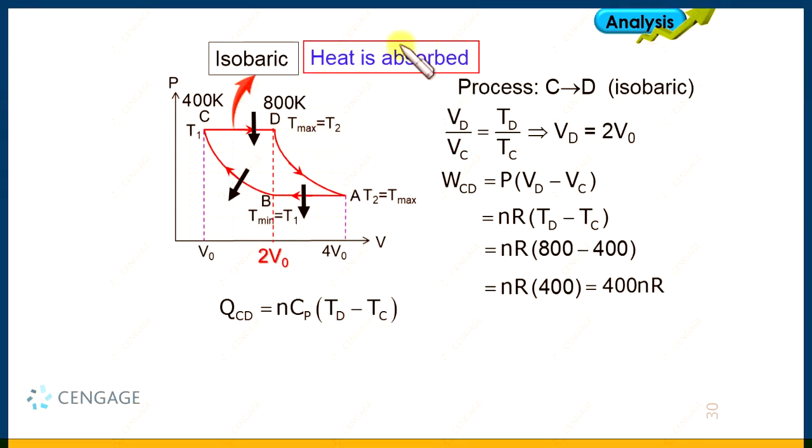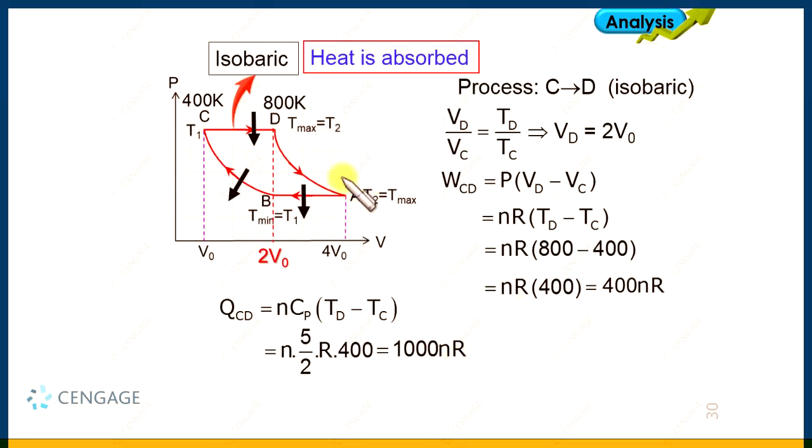That means this is going to be positive, so heat is absorbed, and the value of heat will be 200 multiplied by 5, equal to 1000 nR. So heat is absorbed in this process, and it is 1000 nR.